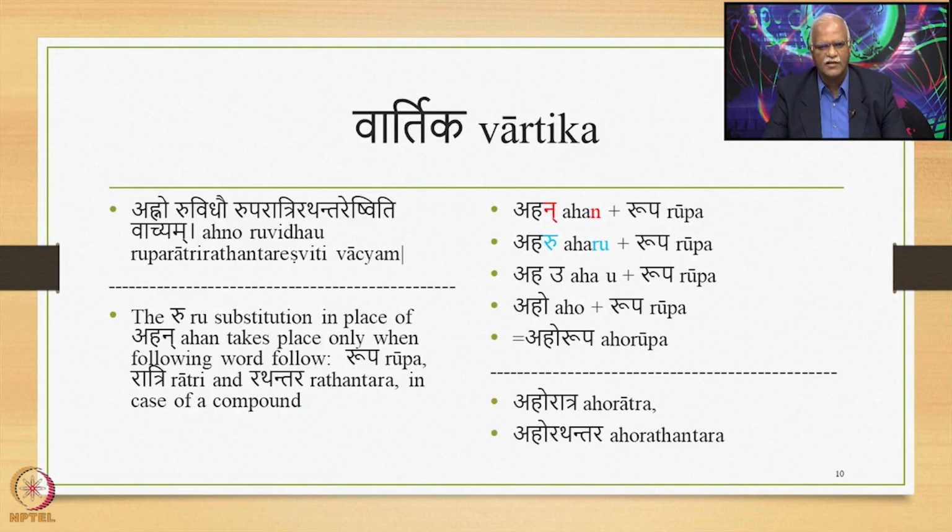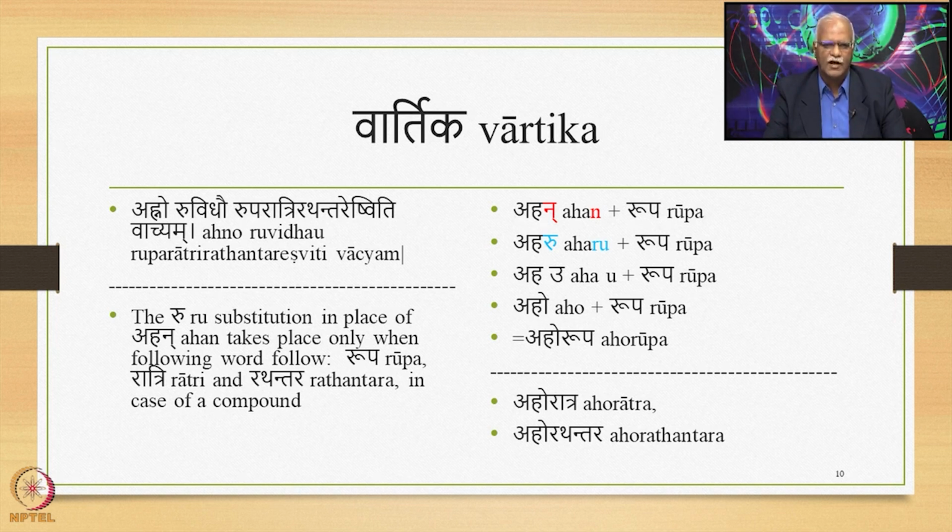Now there is a Vartika which restricts the Ru substitution of Ahan in a typical environment. Earlier we saw Ahar Gana, where ru was not replaced by u. So ru is replaced by u when Rupa, Ratri and Rathantara follow.